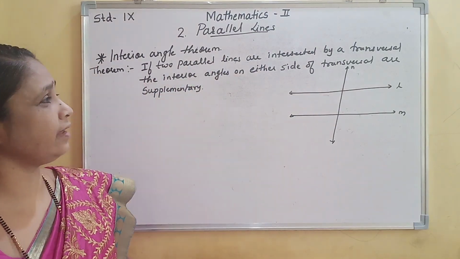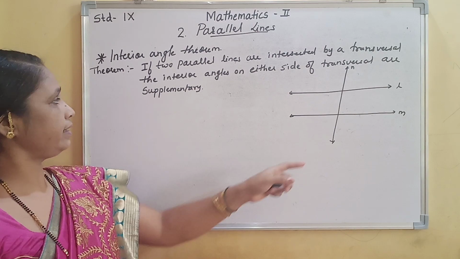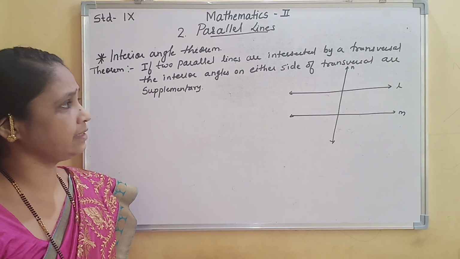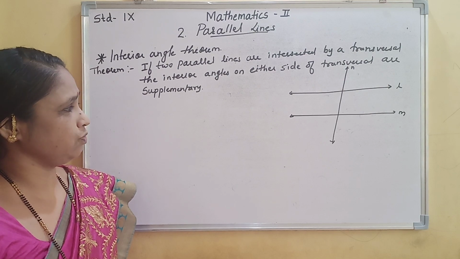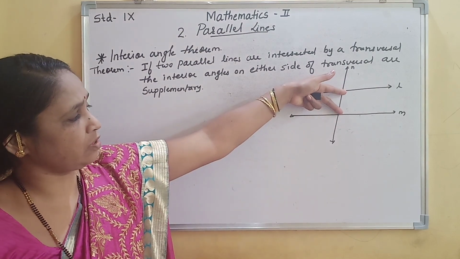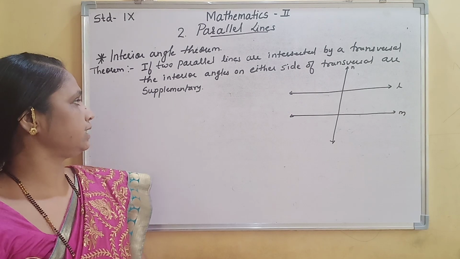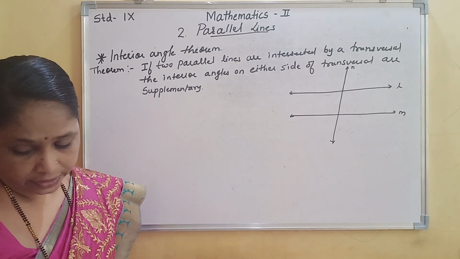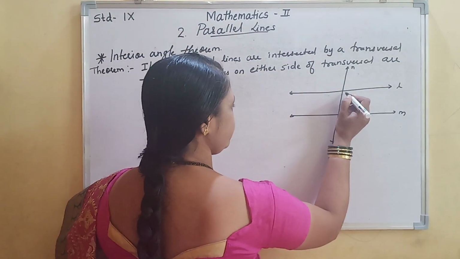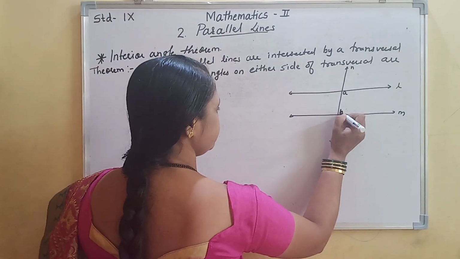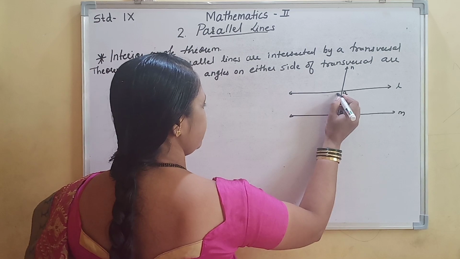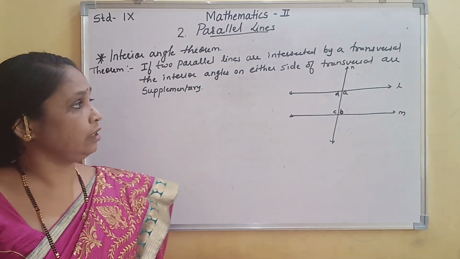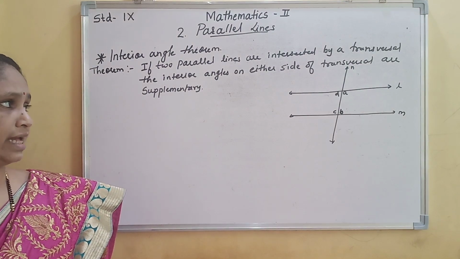If two parallel lines are intersected by a transversal, the interior angles on either side of the transversal, this side and this side, are supplementary. This we have to prove. Same here, A, B, C and D. These are the interior pairs of angles on either side of the transversal.